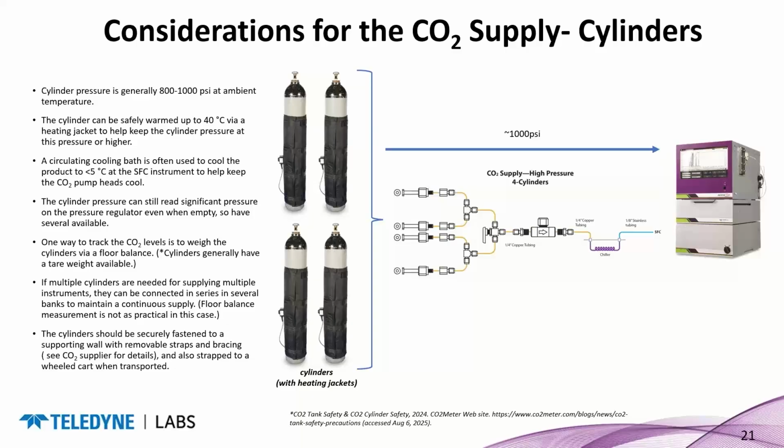Our instrument's designed so that if you do run out of CO2, it'll automatically stop when it feels the pressure drop. And you can often connect up another tank within a few minutes and restart and not affect your chromatography very much. That's a nice feature with our instrument.